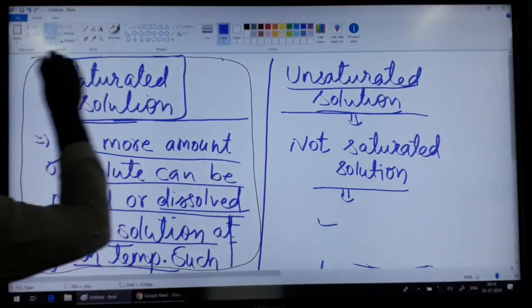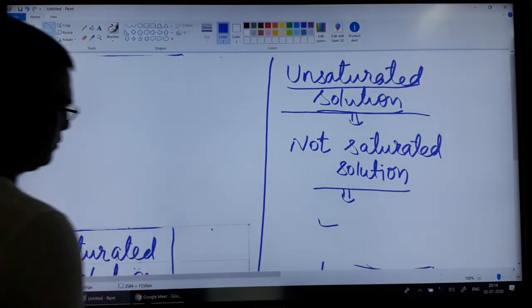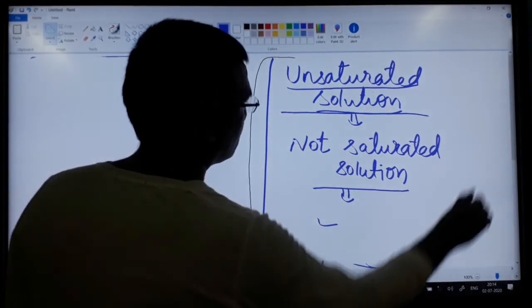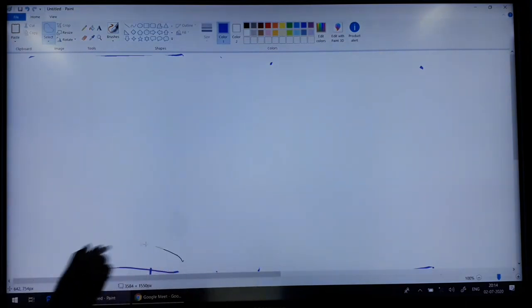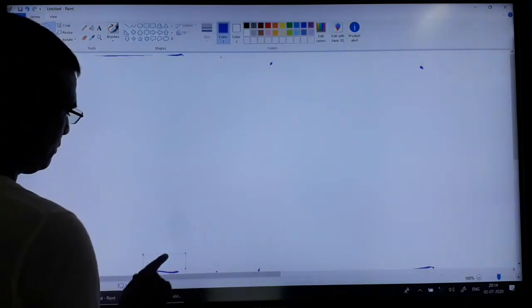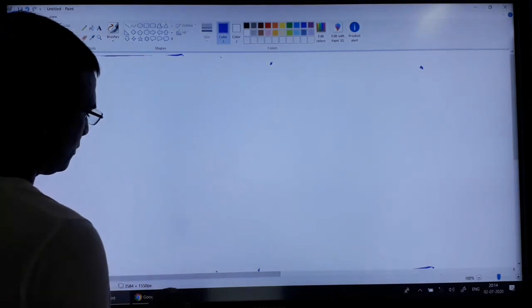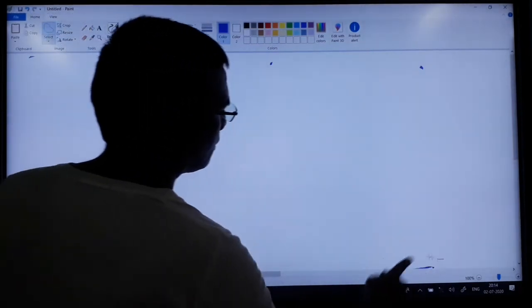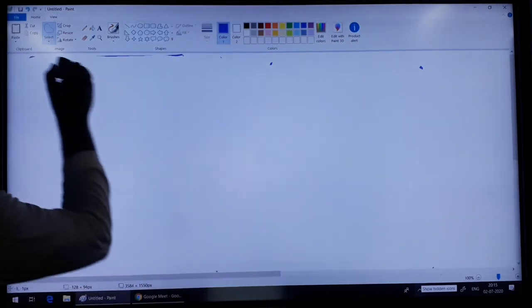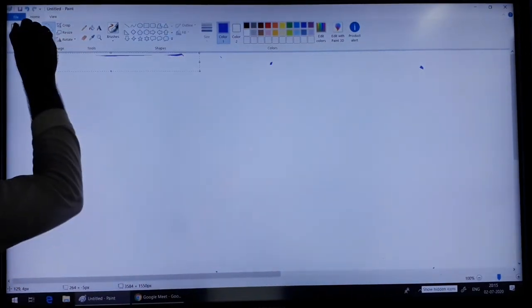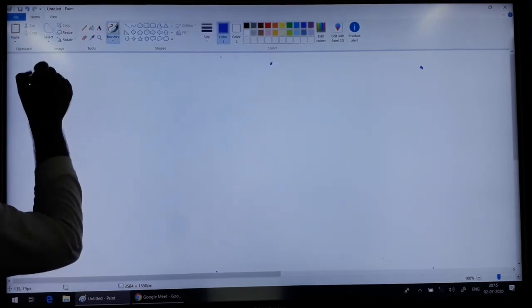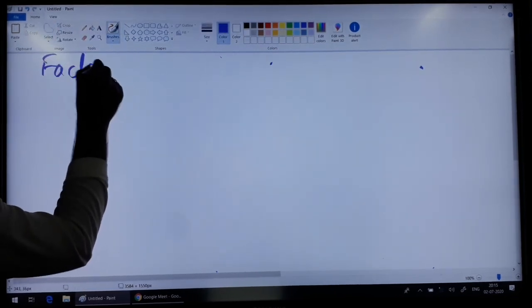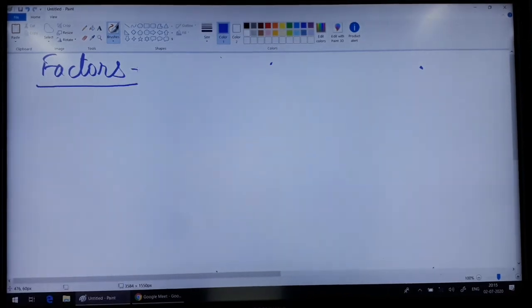What are the factors affecting solubility?